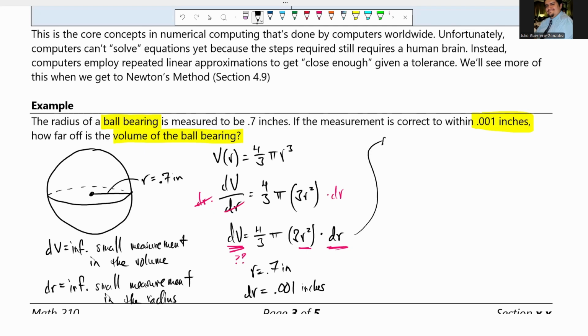So I'm going to take all that over here. dV, and it's supposed to be a big V, equals 4/3 pi times 3 times 0.7 squared times 0.001. Okay, 4 pi times 0.7 squared times 0.001. Let me grab my calculator really quick.